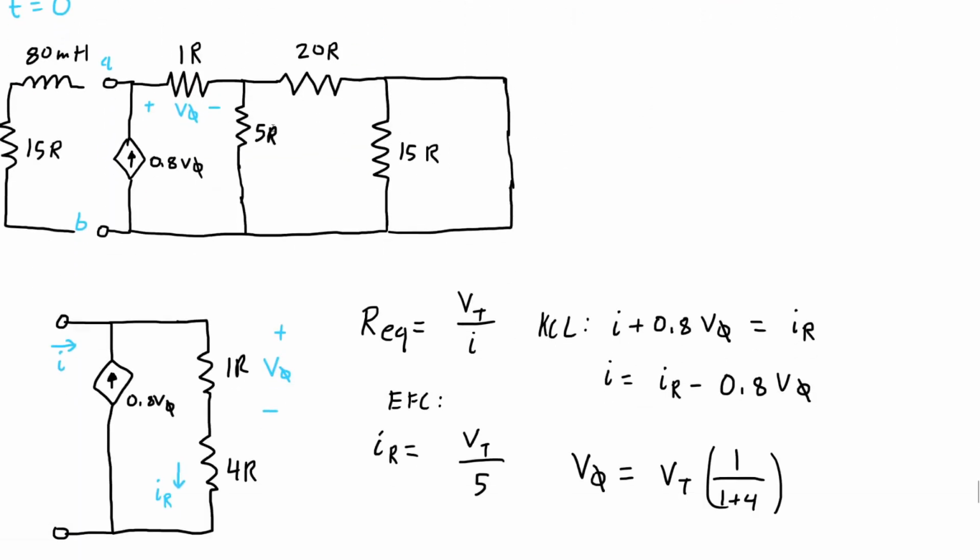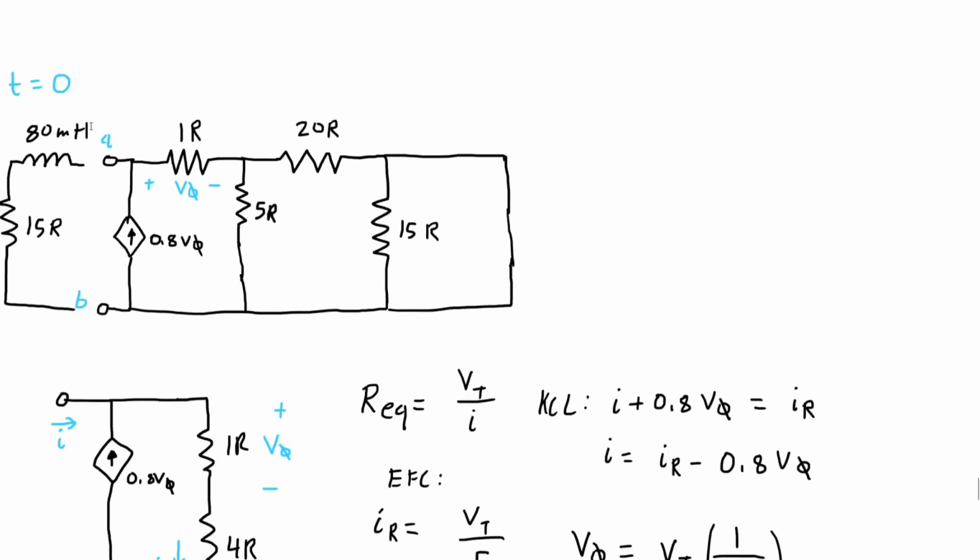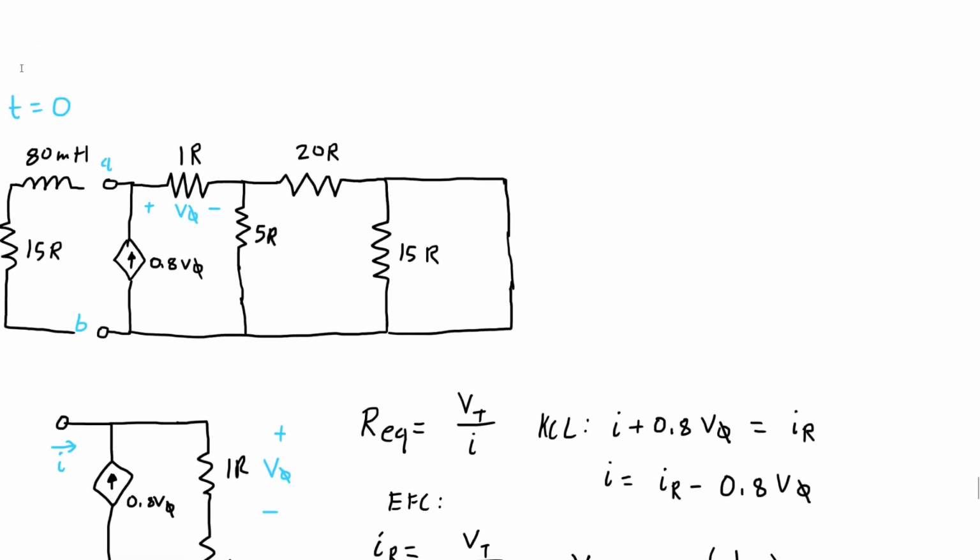And finally, we're going to find the equivalent resistance. To make things a little bit easier, I decided to pull out this resistor and just do it, because it still works either way. We're basically just taking this little RL network and putting it onto this.